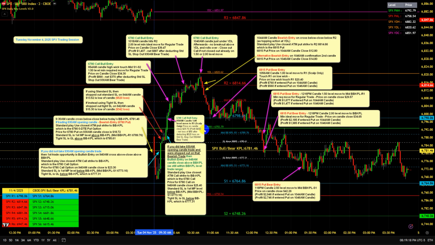However, by default, since the bull bear key price level is the main trading level at the beginning of every session, that is why these levels are just enabled on startup as far as the midpoint levels and QL levels, because the main focus at the beginning of the session is going to be in this range here.